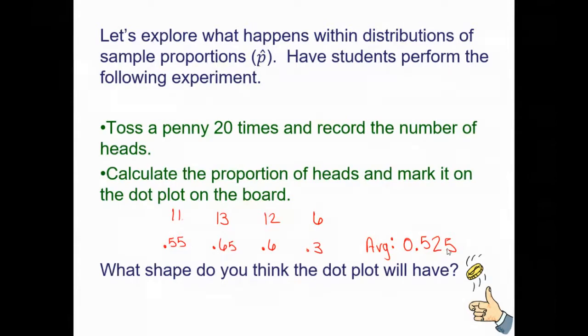So theoretically, it should be 0.5, right? Because we flip a coin, theoretically, we should get half heads, half tails. Yep, it's not one sample, it's how many samples? 4. We did 4 samples. Yep, it's not normalized yet. So if I had the whole class do it, even then, it would only be 10 samples.